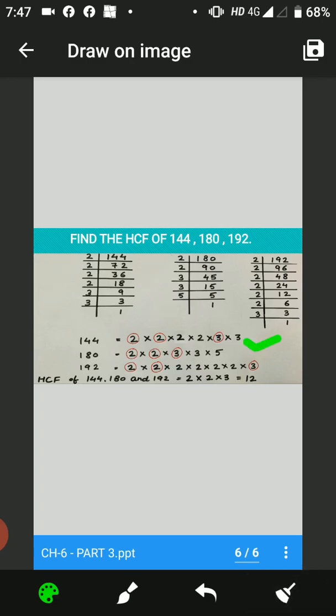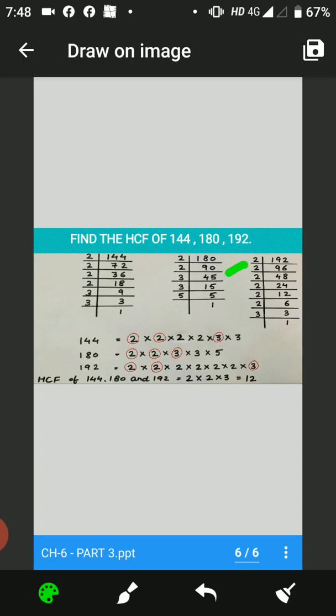Now we will write the factors of 180. For that we will again make a format in this manner. Clear? So 180 comes in the 2 table. Clear? It comes at the 90th position. So 2 90s are 180. Now 90 is an even number, so it also comes in the 2 table. Clear?